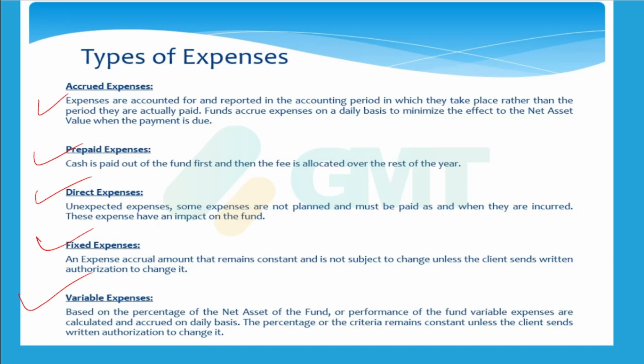So these are the different expenses which you would see in a fund business, and we apply the accounting treatment for each. Now the important thing is to practice the accounting entries for the accrued expense, prepaid expense, direct expense, fixed expense, and variable expense with an example, and you can comment your accounting entries below for practice.